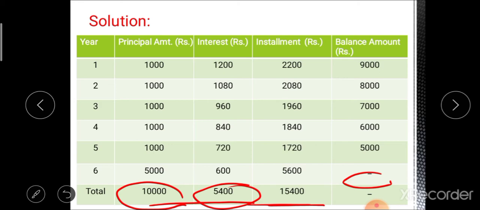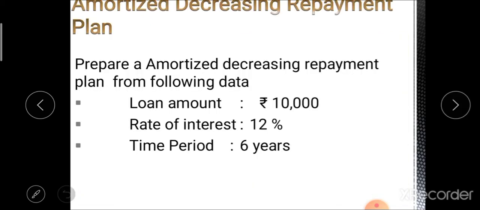After that, next is the amortized decreasing repayment plan. The question is: prepare an amortized decreasing repayment plan from the following data. The loan amount is 10,000, interest 12% and the time period is 6 years. So we can prepare the amortized decreasing repayment plan from this information.